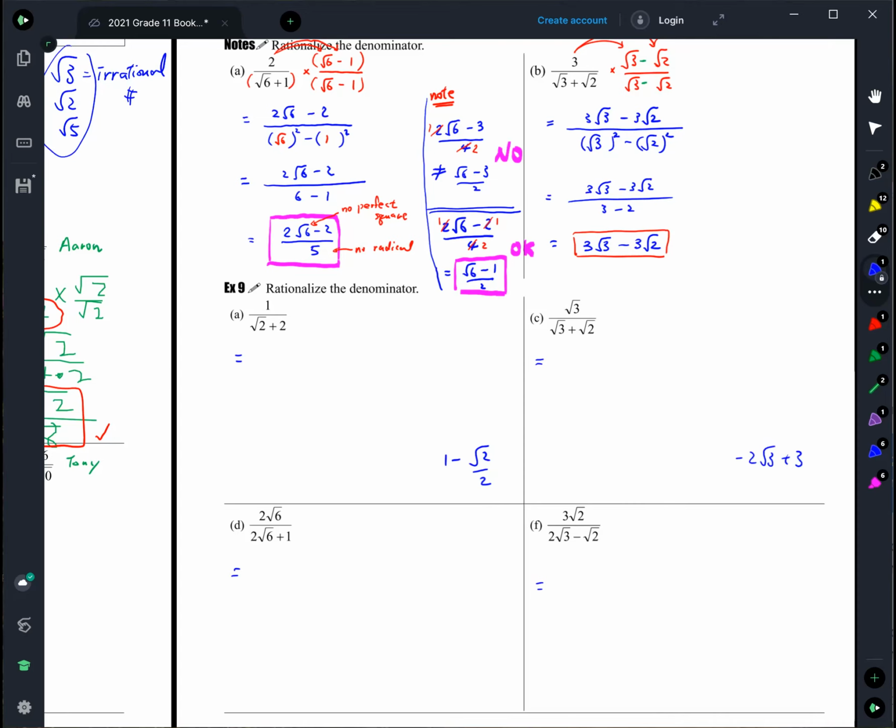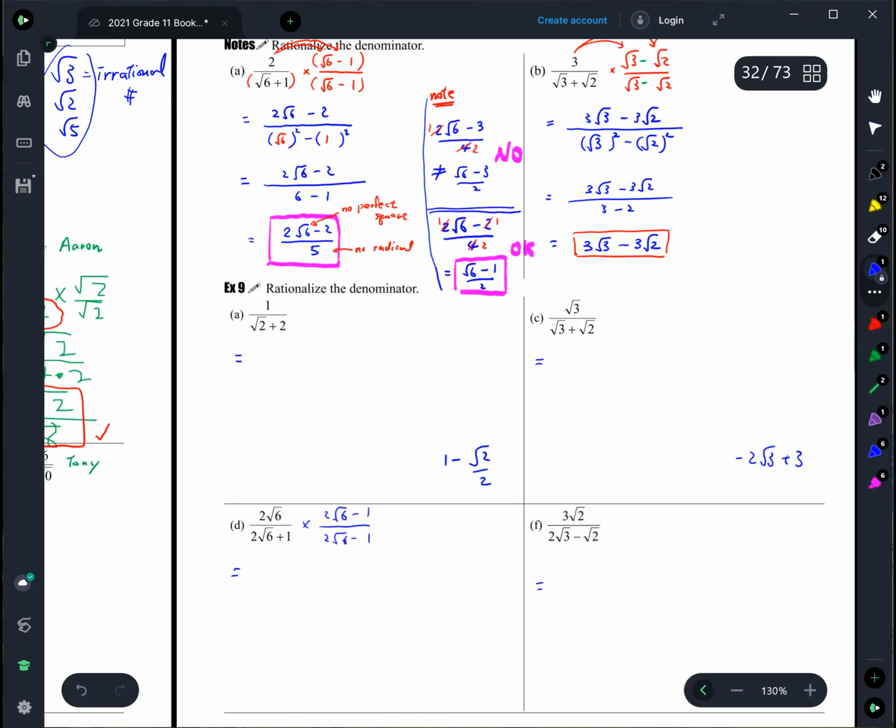And Aaron, when you finish D, you can let me know your answer. Does anyone have something? Aaron, you want to say something? I think I'm a bit confused with that one, for D. I multiplied it by 2 square root 6, and then I think it's -1. Yeah, you should do the -1. Very good.